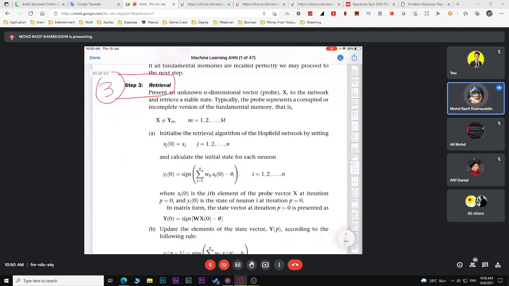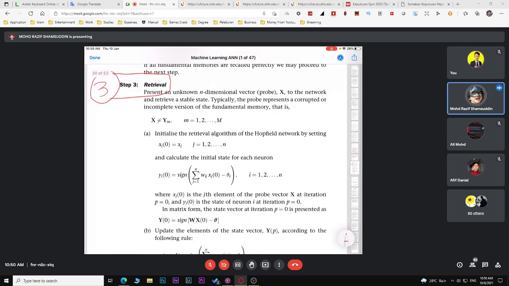Alright, step number 3, retrieval. So retrieval, apa berlaku dengan retrieval? What happened in retrieval? Okay, no learning occurs, betul. Tak ada learning kat sini. Meaning weight is not updated.